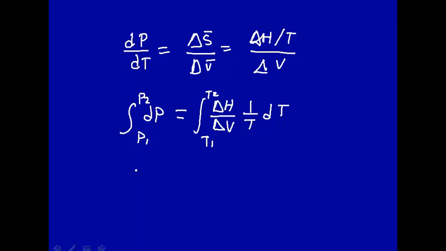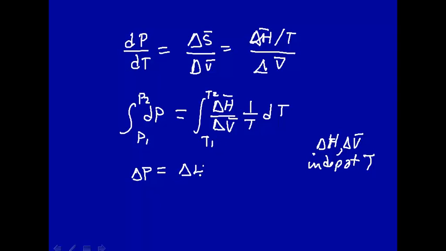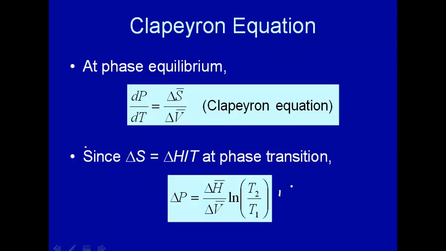So what we have is delta P. We assume delta H and delta V independent of temperature, and of course we really should be putting partial molar quantities here. Forgot those. So we can pull those out of the integral: delta P equals delta H over delta V times the natural log of T2 over T1. So that's where that comes from.